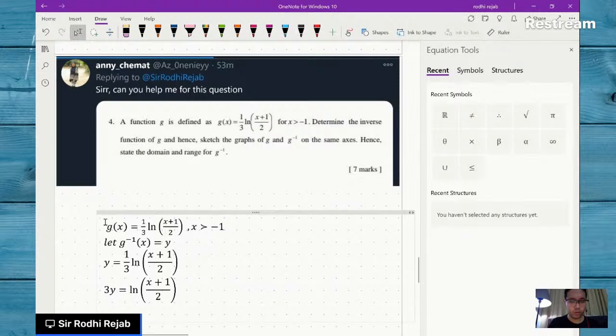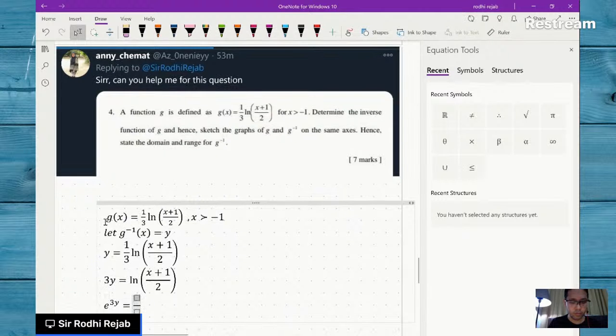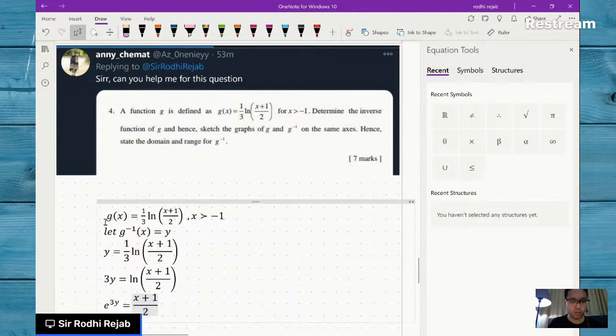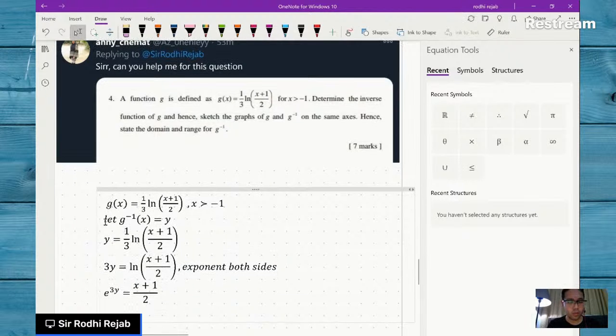So now you exponent both sides, and the ln disappears. To e power of 3y.